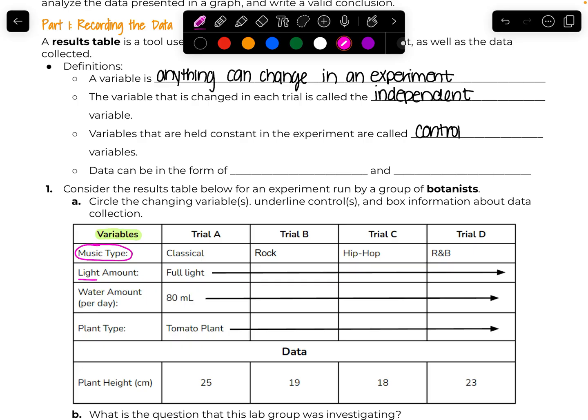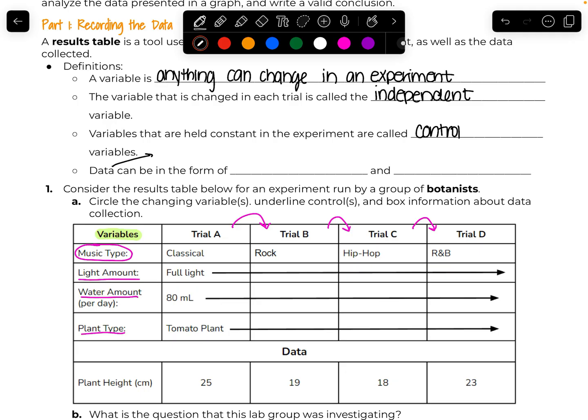So everything else was going to remain the same, so that way for each of the trials they ran, they could try to look for patterns. How are things changing as I change the music type? So music type would be our independent variable here, and our control variables would then be light amount, water amount, plant type. The last type of variable is your dependent variable.